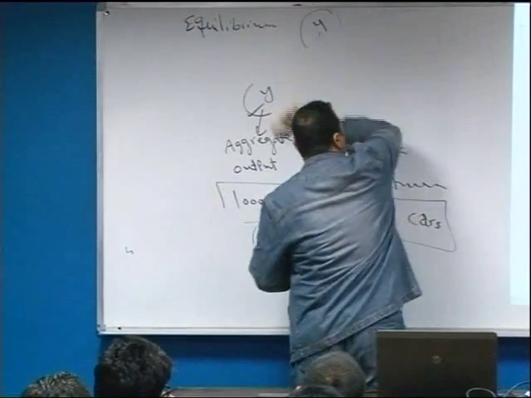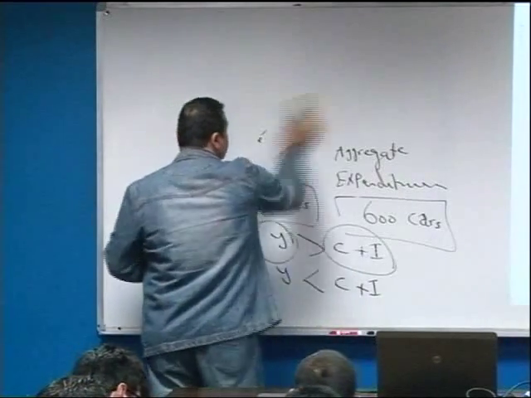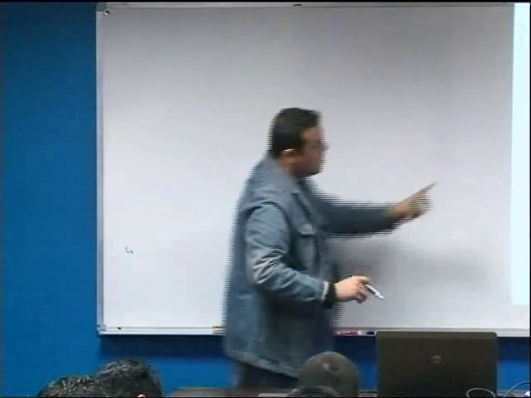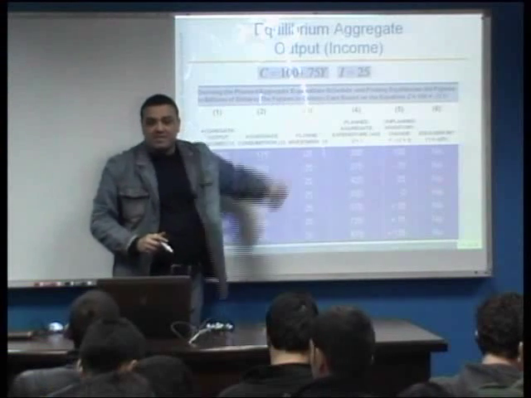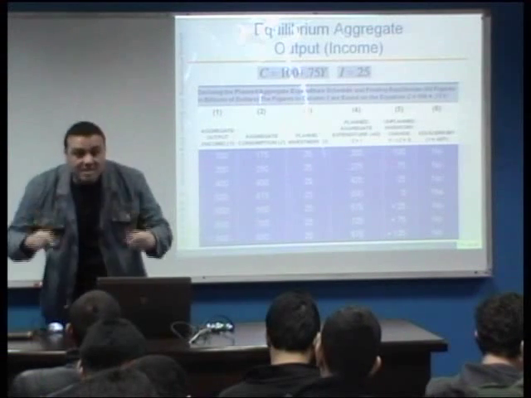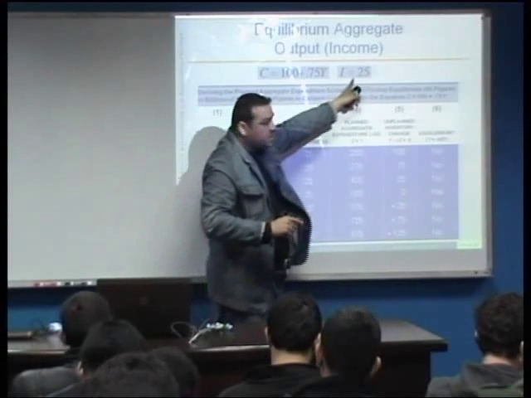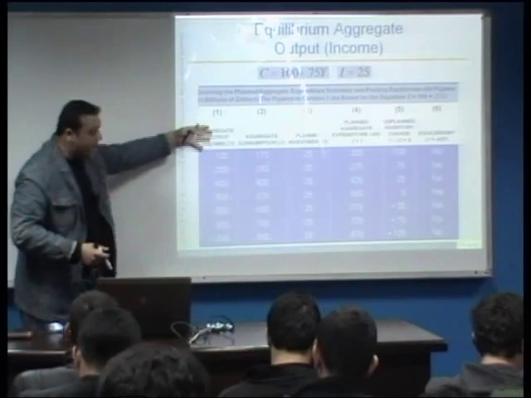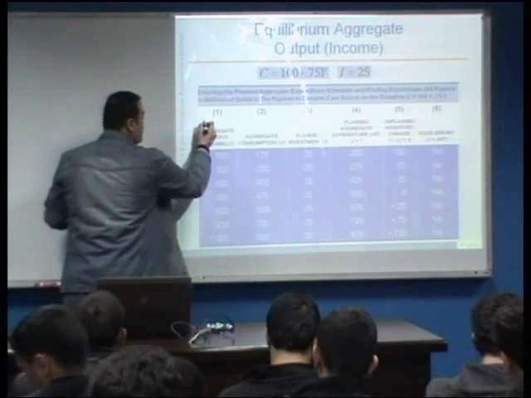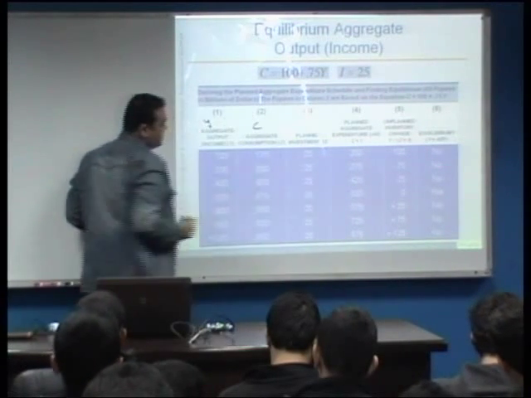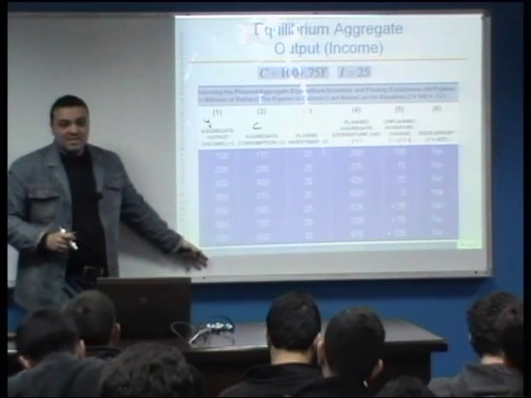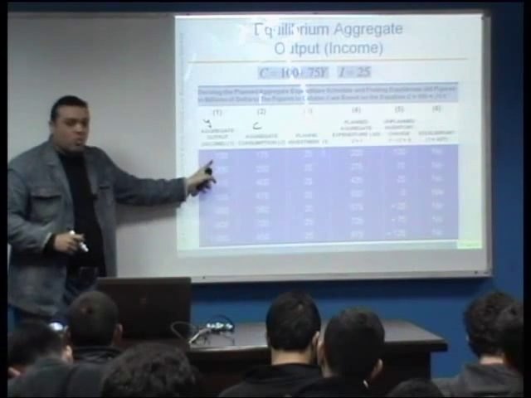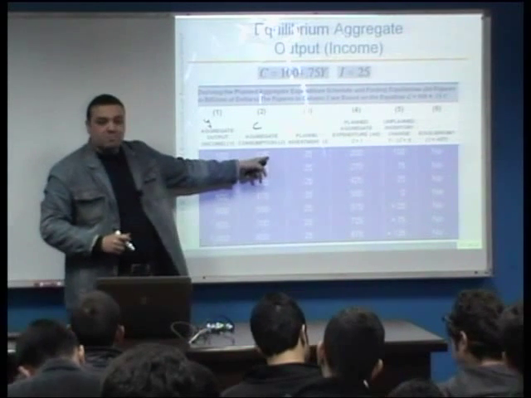As you see, we have the following consumption function, C equals 100 plus 0.75Y, and the planned investment equals 25. This is the aggregate output Y, and the aggregate consumption at different levels of Y. When Y equals 100, how much is the consumption?